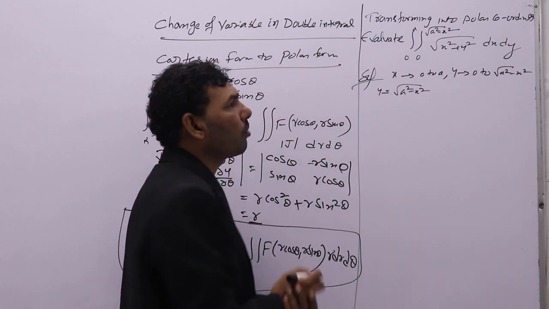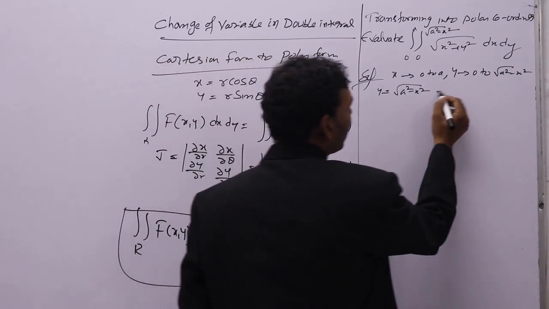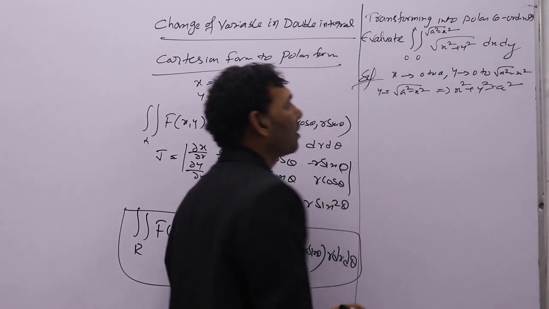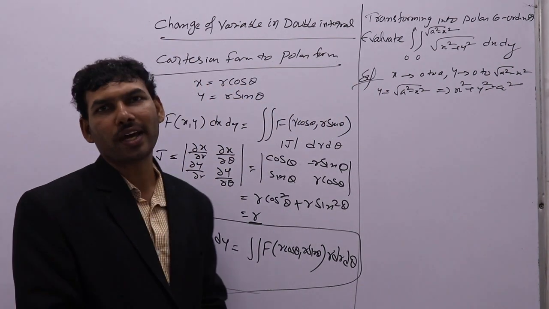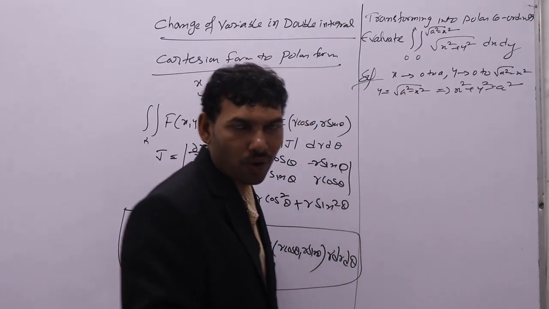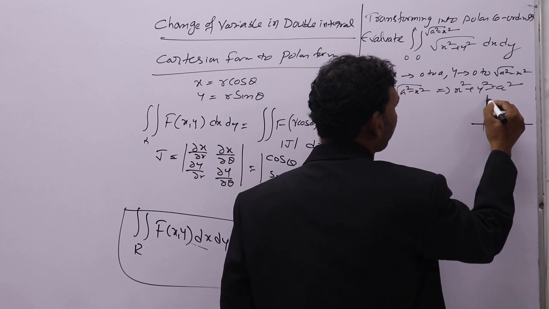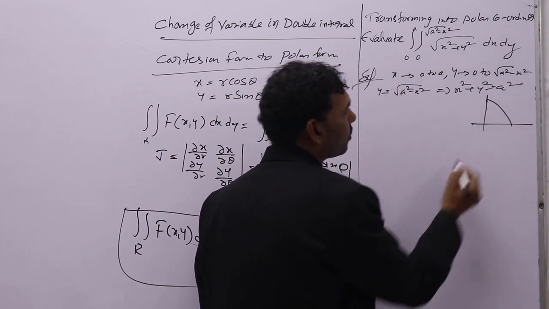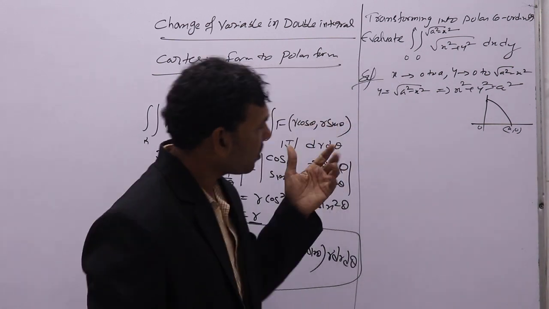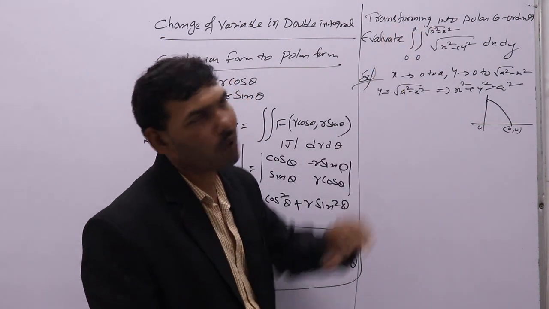If you square on both sides, y square equals a square minus x square. That means x square plus y square equals a square, which is a circle. It is evaluated in the positive quadrant, first quadrant only, like this. We need to convert this to polar coordinates.